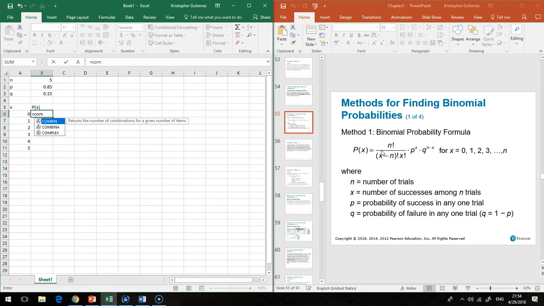So that is equal to combinations, so that's going to be n choose x, times p to the x, times q to the n minus x.